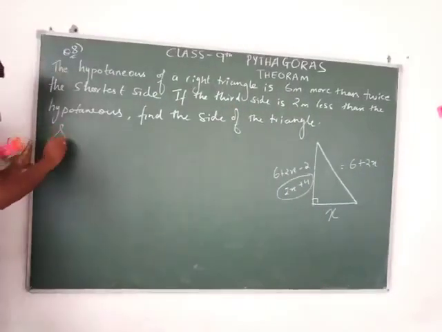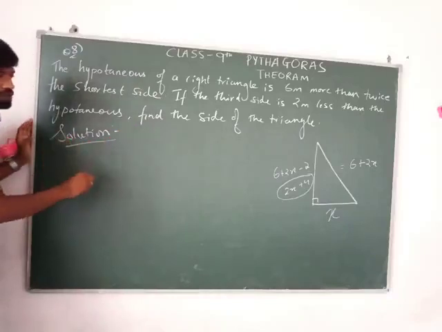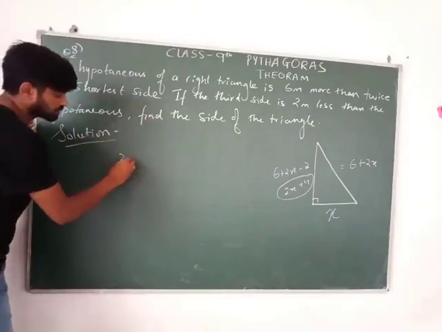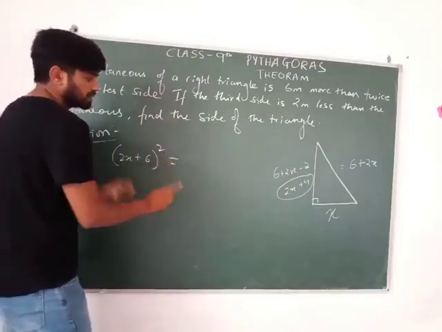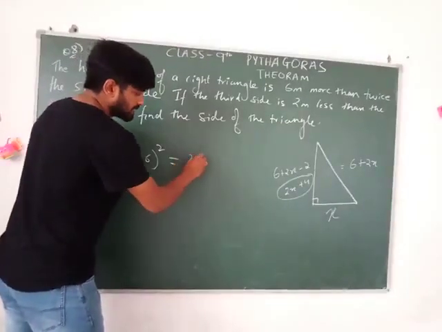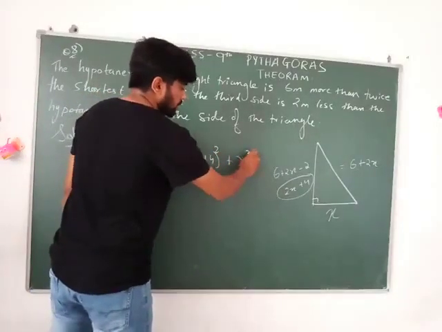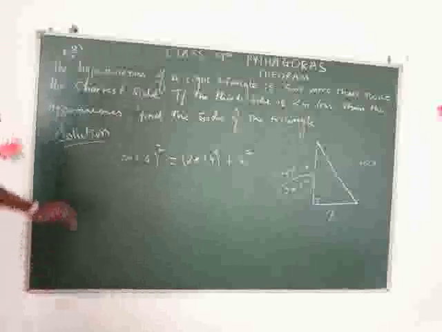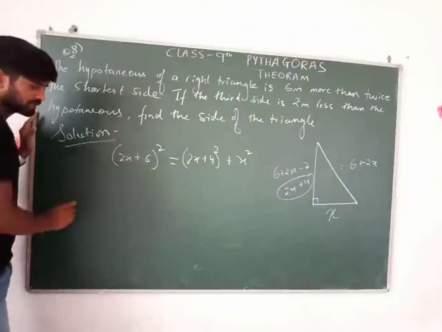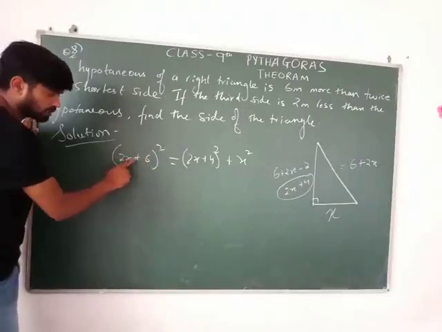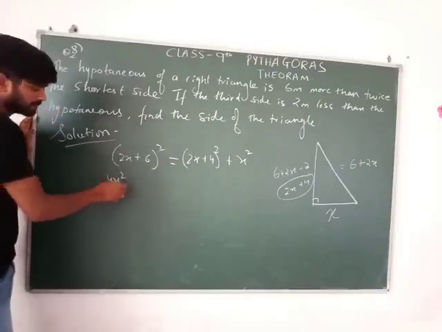So I will be solving this. Solution says that the hypotenuse, 2x plus 6 whole square, is equal to the sum of the squares of the other two sides, that is 2x plus 4 whole square plus x square. So find the sides of the triangle. Now 2x whole square, a square plus b whole square, so 4x square, right?